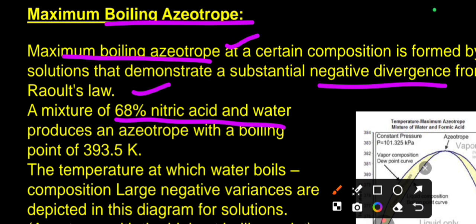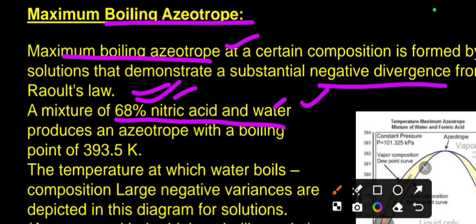This example only they are asking: nitric acid and water. Here nitric acid acts as a solute and water acts as a solvent. So how much quantity of nitric acid will you take? 68%. It means 68 gram, and water left is 100 minus 68.